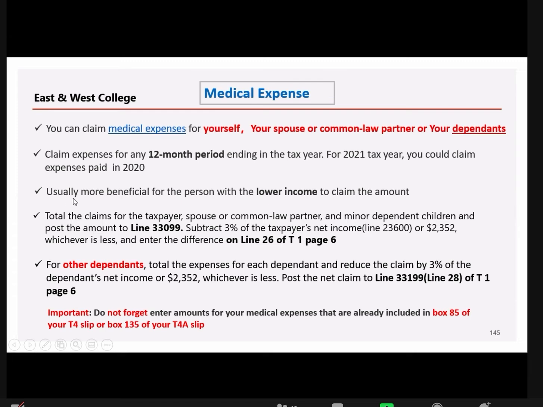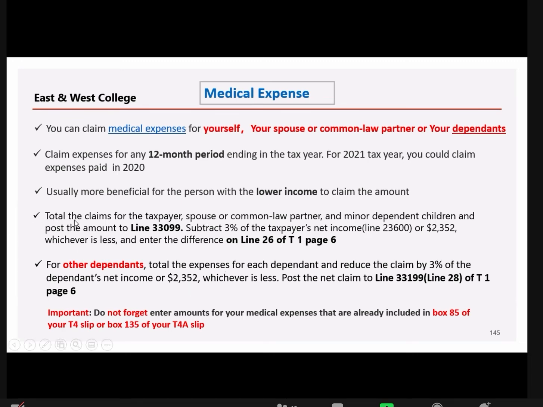So more beneficial for the person with low income. Why? Because less will be deducted from the credit. In this case, you get a bigger credit, right?